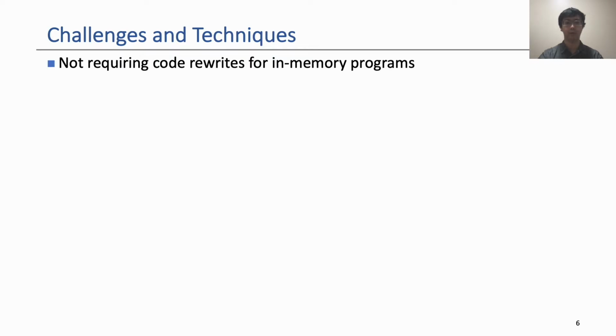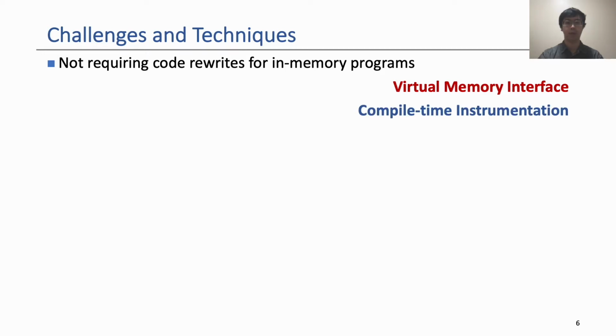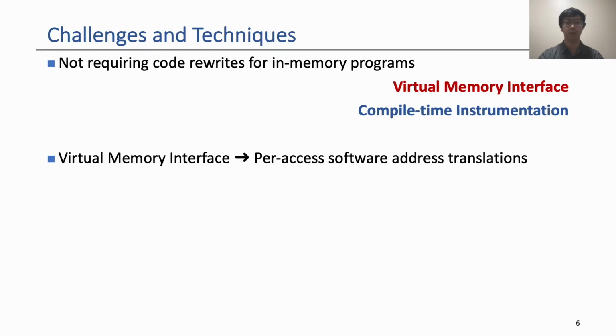First, to avoid manual code rewriting, TriCache provides a virtual memory interface for in-memory programs with the help of compile-time instrumentation. Second, the virtual memory interface loses the block information, so it forces the cache system to handle software address translation for each memory operation.